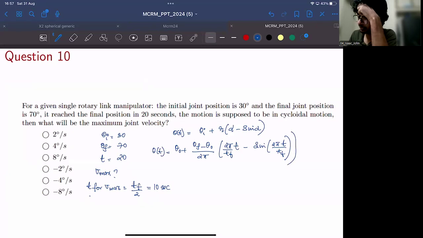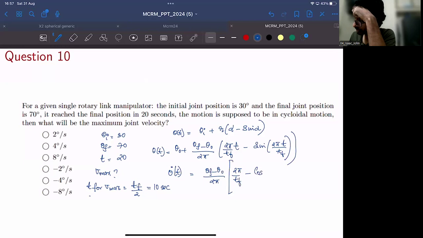So if you take the derivative of this with respect to time, theta dot of t is nothing but (theta f minus theta 0) by 2 pi, multiplied by 2 pi by tf minus cos 2 pi t by tf, multiplied by 2 pi by tf.